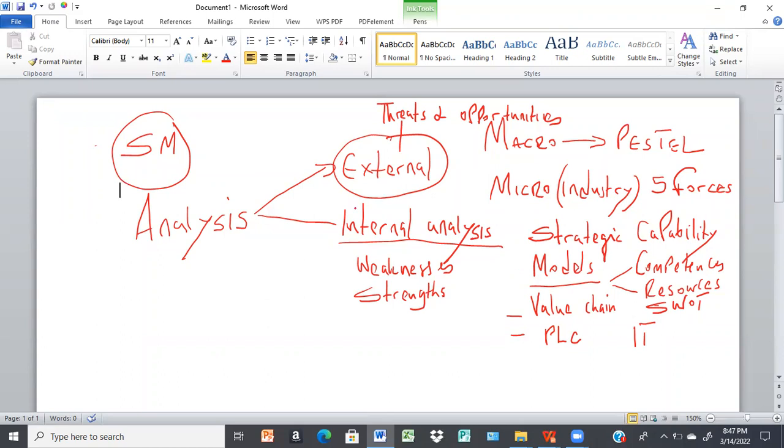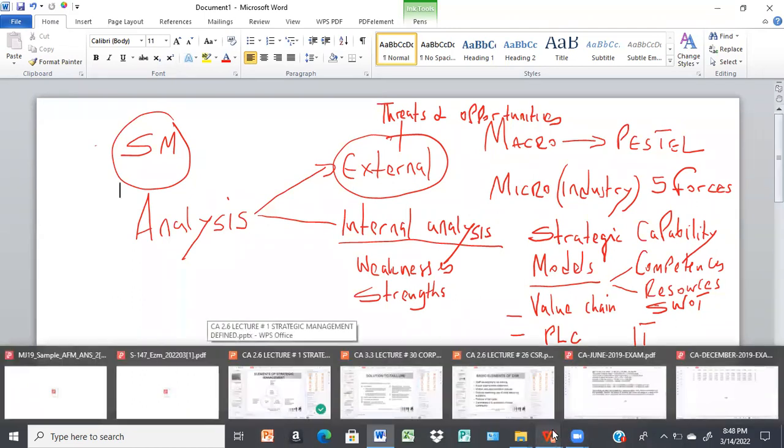We hope that is okay. So after you've identified the threats, the opportunities, the weaknesses, and the strengths, you now go into strategic choice.